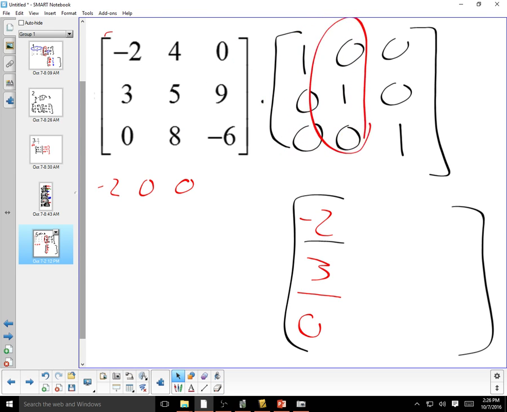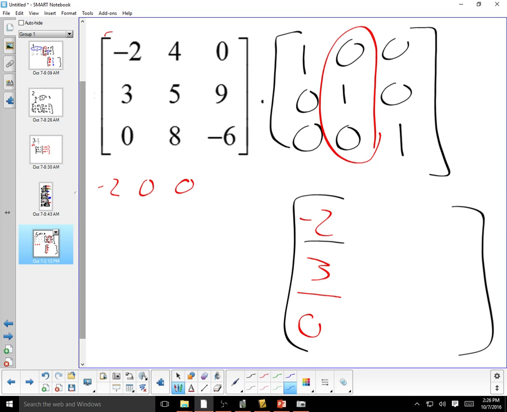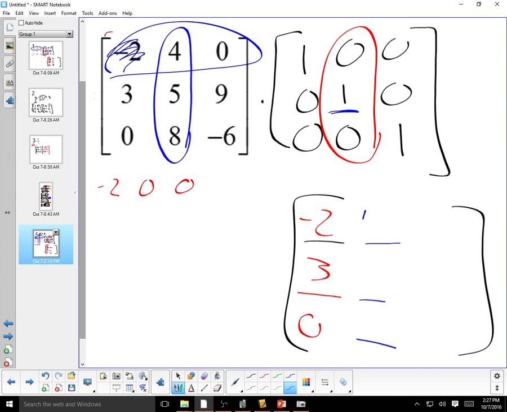Now I'm moving over to the second column, which is this column here. It plays on the same idea. I already took care of this first value, so I multiply it by 0. All I'm really doing is multiplying the second item every single time, producing the list that just runs down here: 4, 5, 8. It's exactly the same but different.